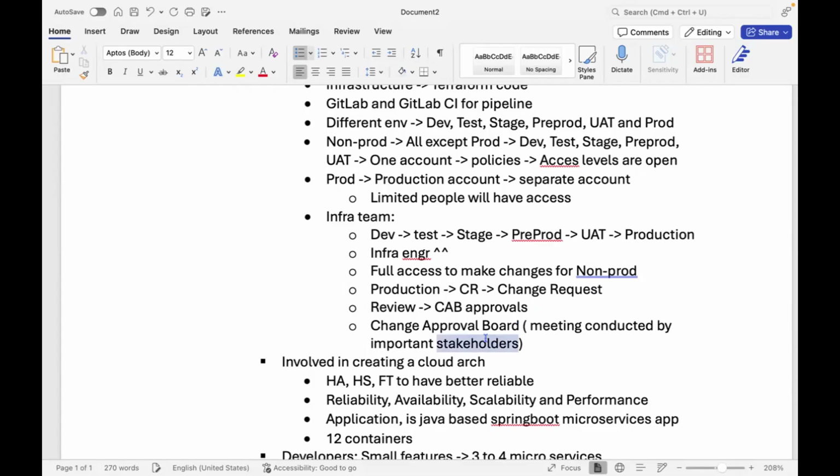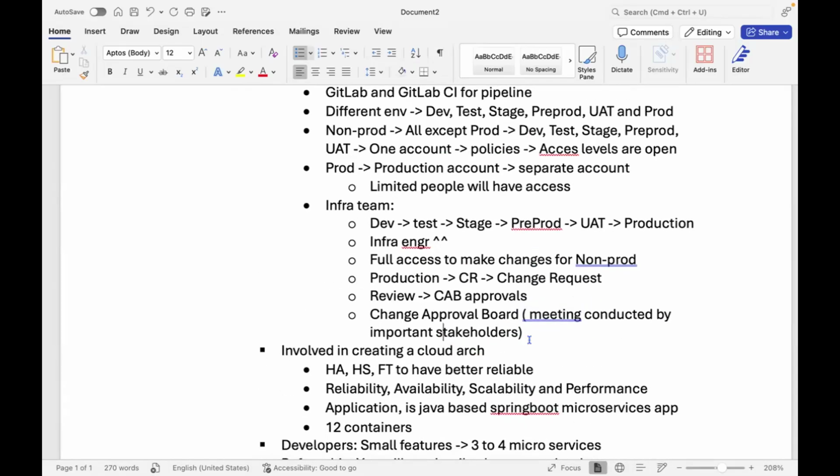So you should also use these words. For example, there are some stakeholders in the team, or based on the stakeholders' review or feedback. If you use stakeholders like that, you will get confidence from the interviewer. Okay.